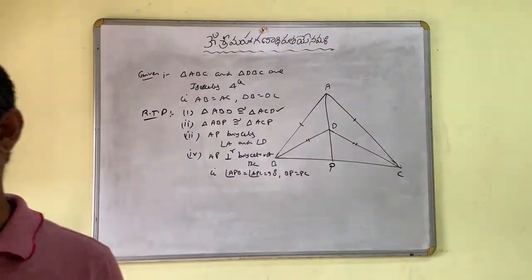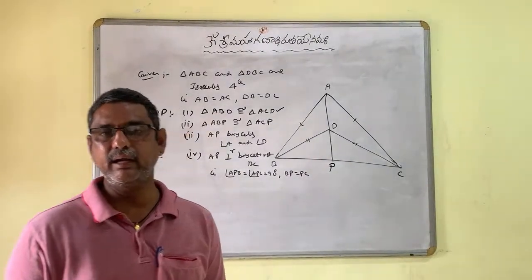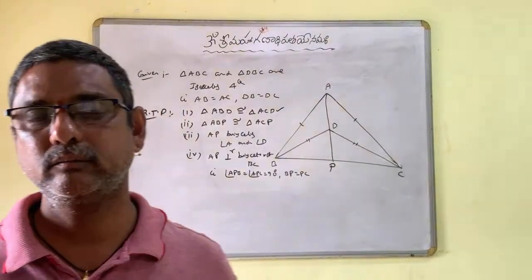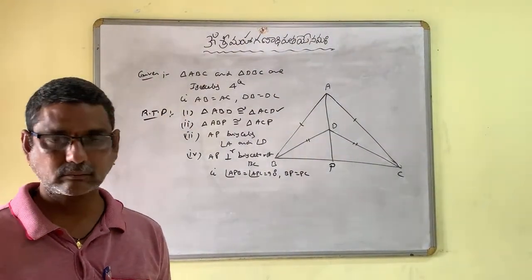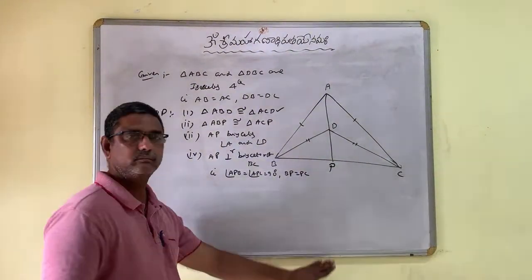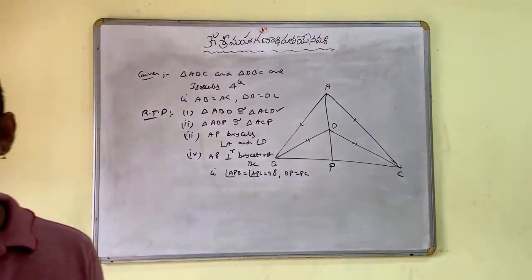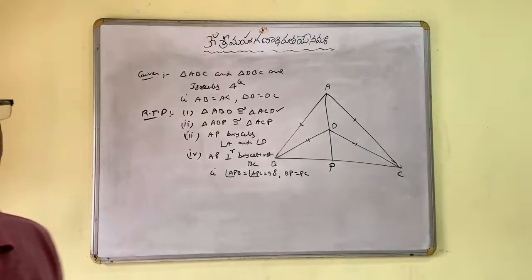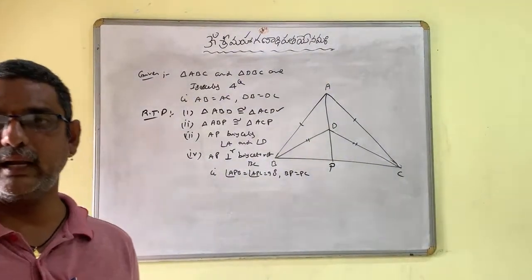If they are congruent, by what criteria? Triple S. Aniket says triple S. So I will also say triple S.